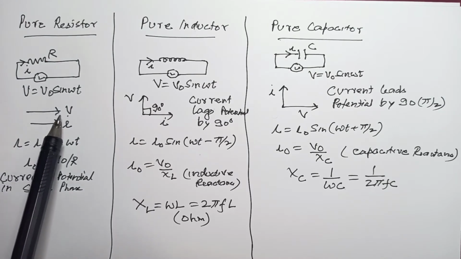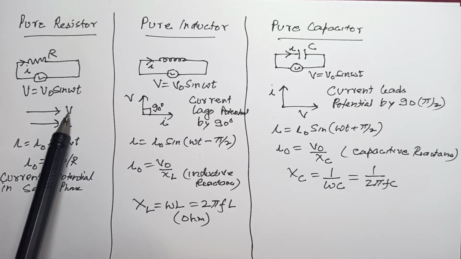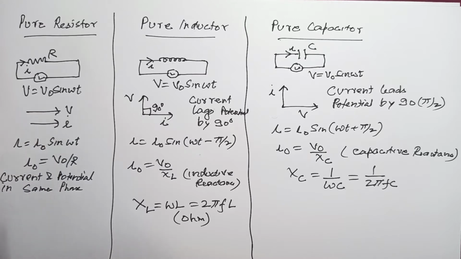In this case, both current and potential are in the same phase. If V is equal to V naught sine omega t, then current I is equal to I naught sine omega t, and I naught will be equal to V naught by R. Current and potential are in the same phase.